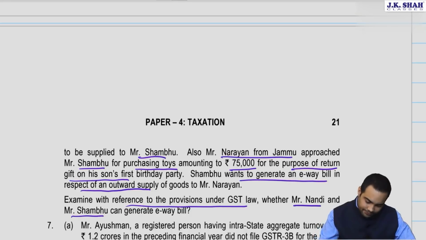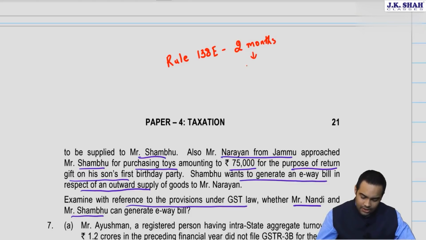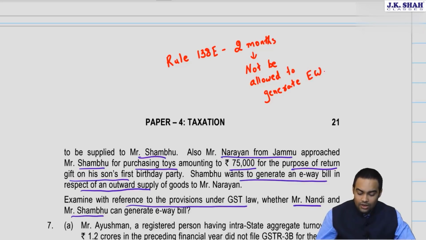Now see, Rule 138E. What does it say? It says that in case you have not filed your return for 2 months, then you will not be allowed to generate an e-way bill for your outward supplies.